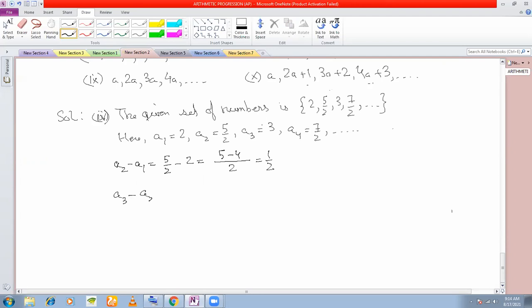A3 minus A2. 3 minus 5 by 2. Take the LCM. Again you get half. And you take A4 minus A3. 7 by 2 minus 3. So 7 minus 6 by 2, which again you get half.